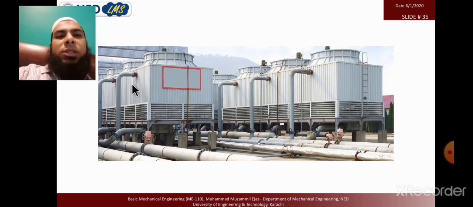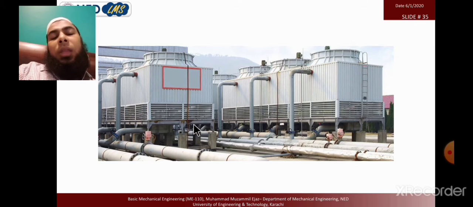This is basically a picture of a commercial cooling tower utilized in buildings. You can see that type of cooling tower in Millennium Mall and different office buildings where we have a central air conditioning system. So basically the water coming from absorbing heat from the condenser comes over here and is sprayed like a shower, and from the bottom the air is passing, and we have a fan over here that circulates air.